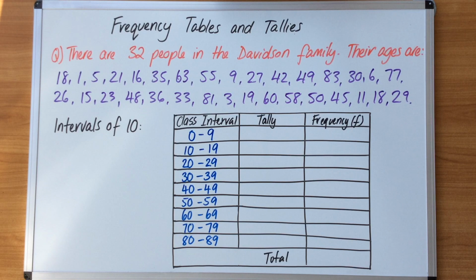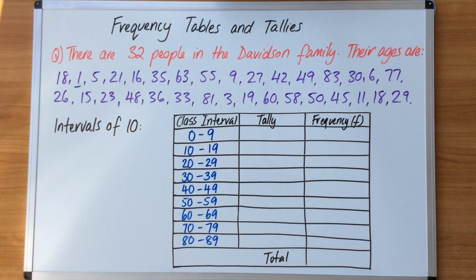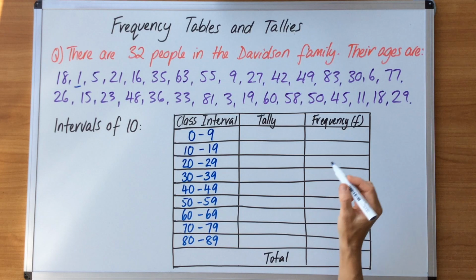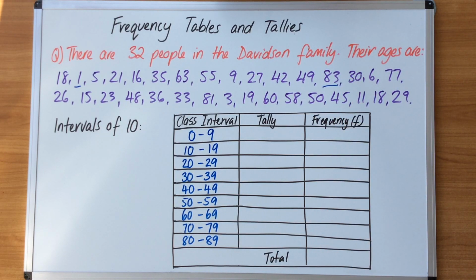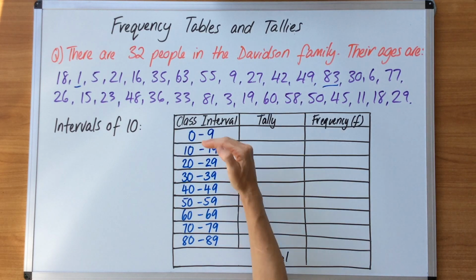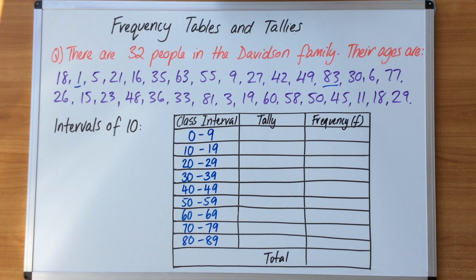And we only go as far as we need to because of the ages. If we look at the data, the youngest person is 1, but we can start at 0 because we always start at 0. And the oldest person, I believe, in this data is this 83-year-old. So we must have a table that considers all the ages of the people.